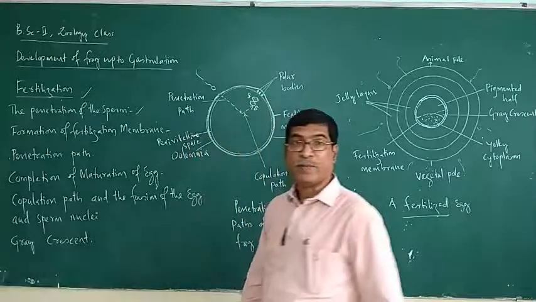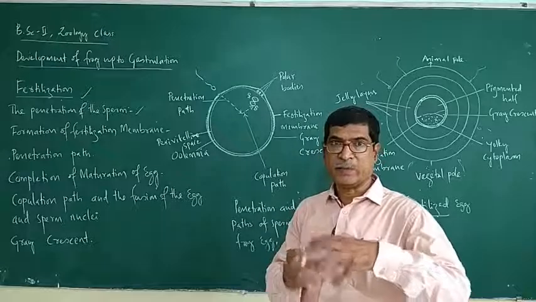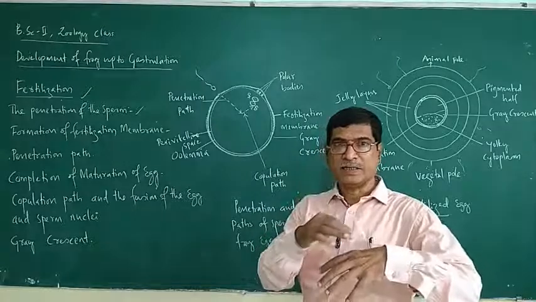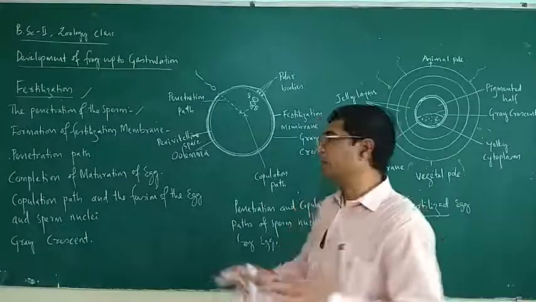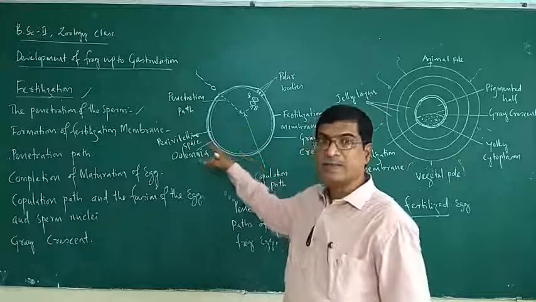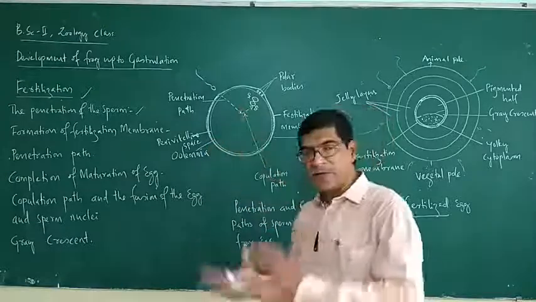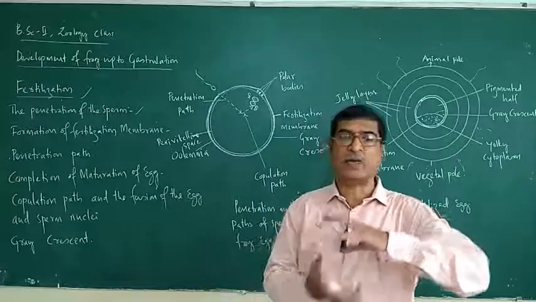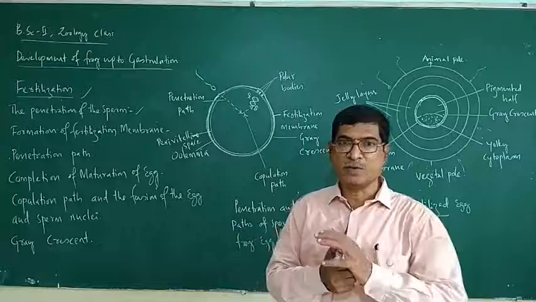What is this? Peri-Wittlein space. So a space is created between the oolemma and the fertilization membrane, or egg surface and fertilization membrane, and this is filled with fluid. As a result, the egg is free. It can rotate. So by the rotation, what happens?